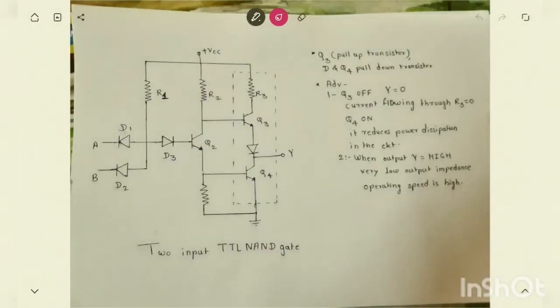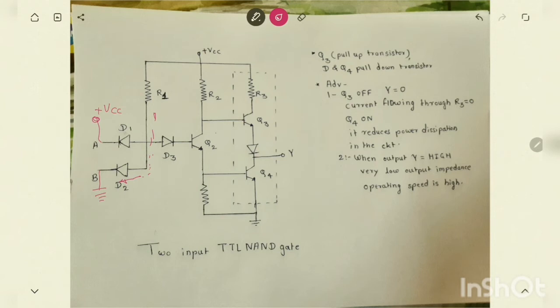Next, suppose one of the input terminals is connected to VCC, and the other terminal is connected to ground. In that case also, diode D2 is in the conducting, on stage. What happens to Q2 in this case?